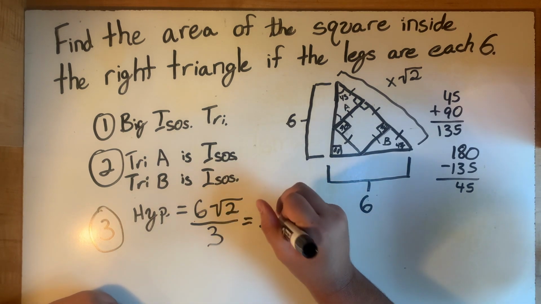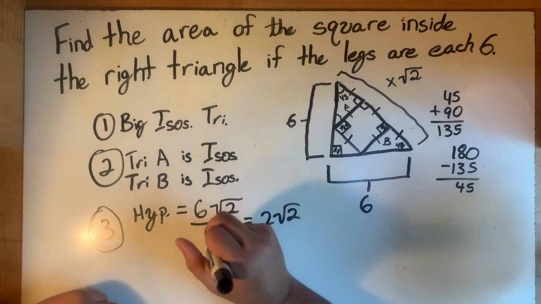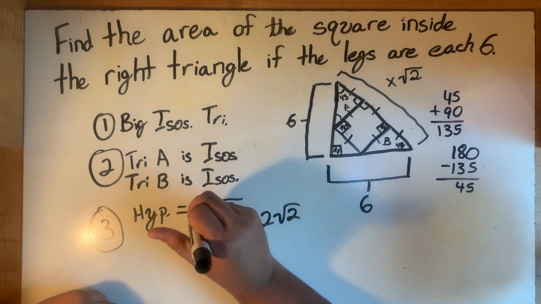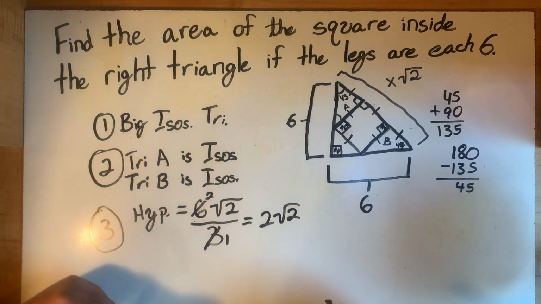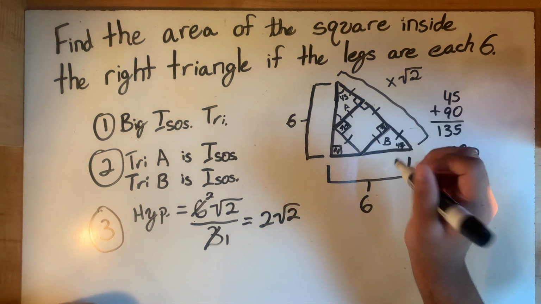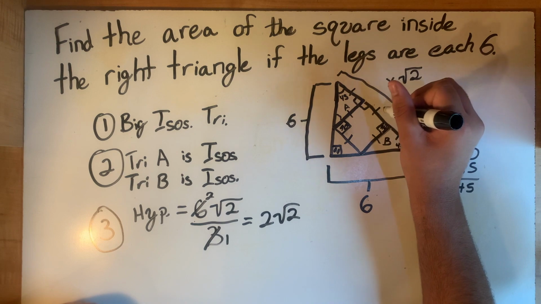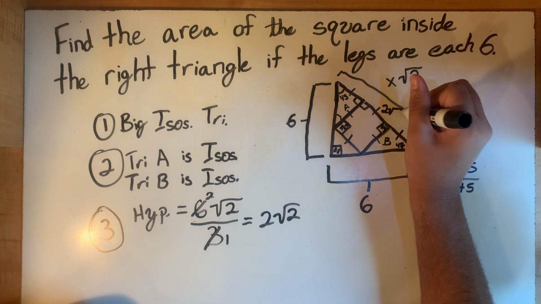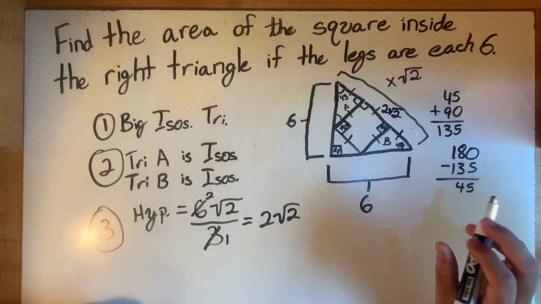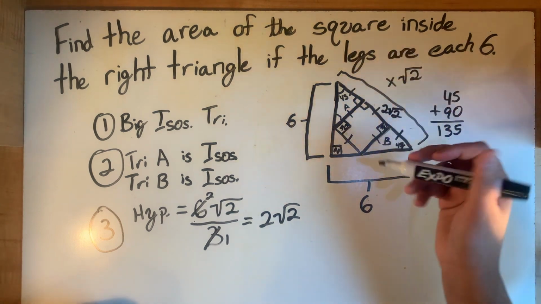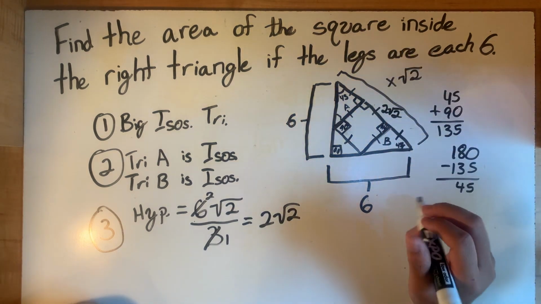It's equal to 2 times the square root of 2, because if we simplify, you have 1 and then 2 and then boom. So this length of the square is 2 times the square root of 2, because all of these are equal. If you know one, you know all of them.